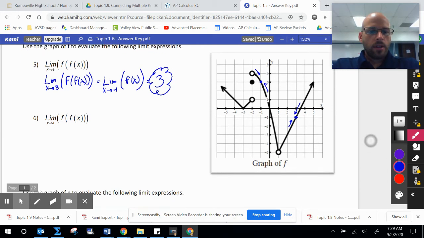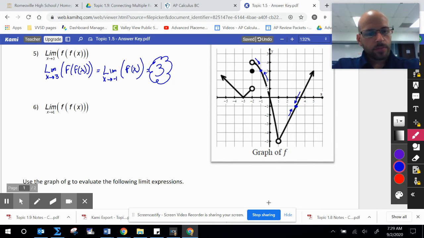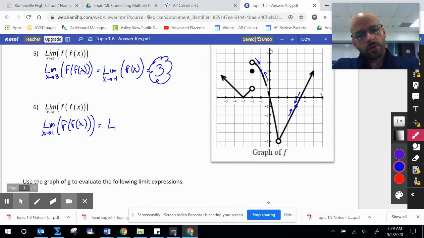Okay? Same idea. So we're going to do the limit as x approaches 1 of f of x, which will then turn into the limit as x approaches, now if I go to 1 on f, we already said, oh, we didn't do that one yet.